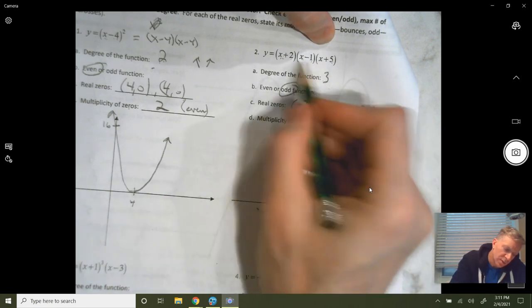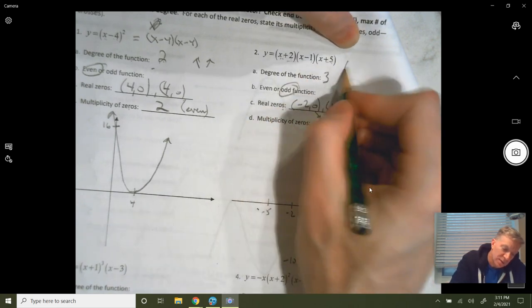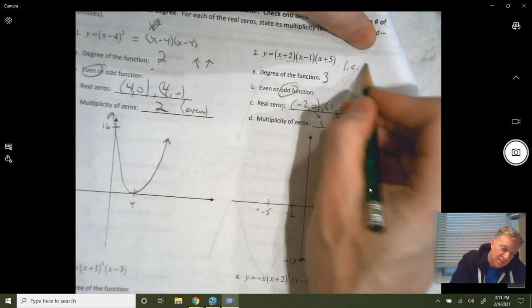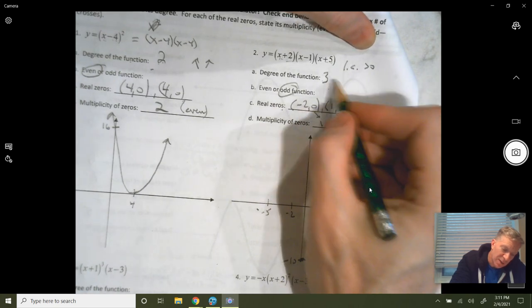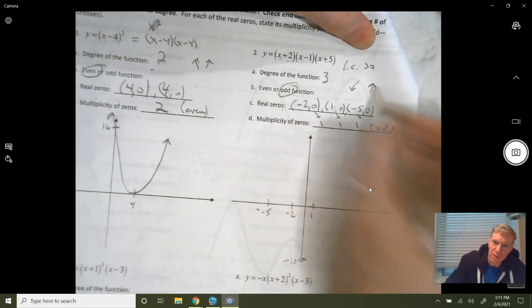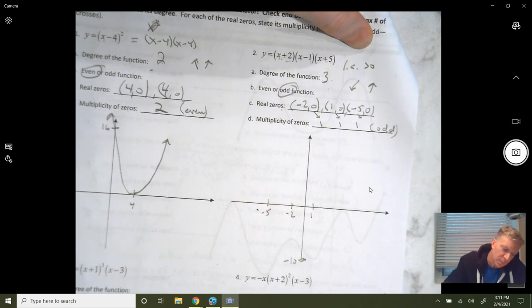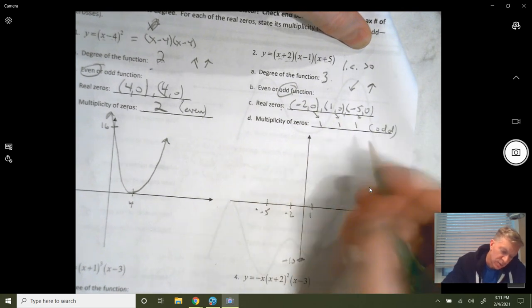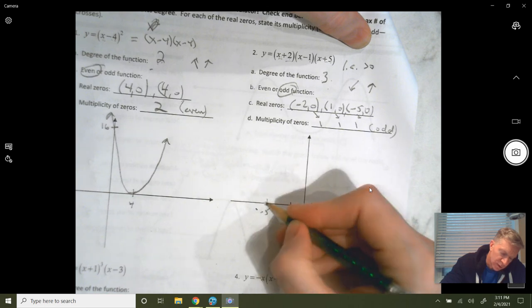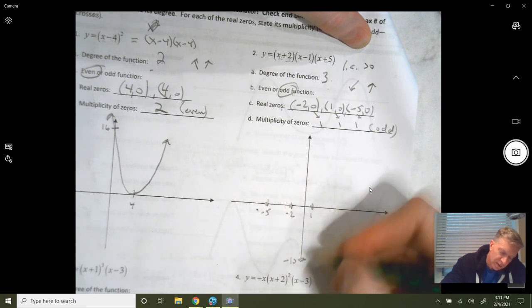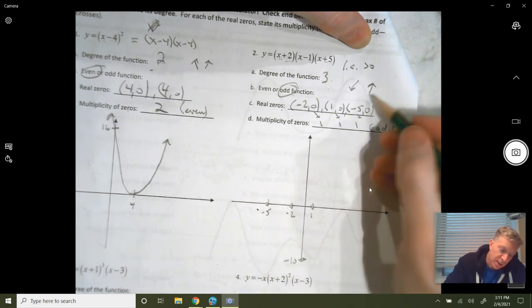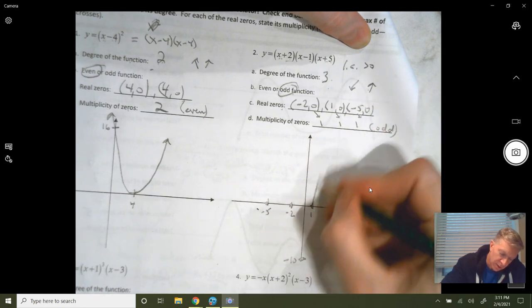3rd degree, lead coefficient is positive, which means our end behavior is down on the left, up on the right. These are all odd, so we know we're going to cross through here, here, and here. We have to hit that. I know my end behavior on the right is up, so after I go through here, I'm going to go up.